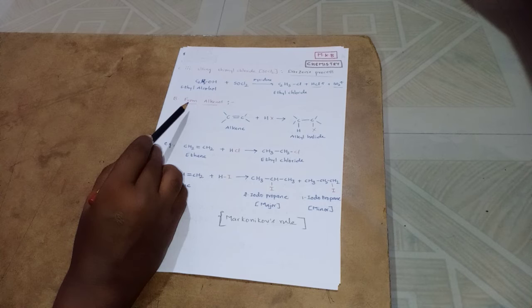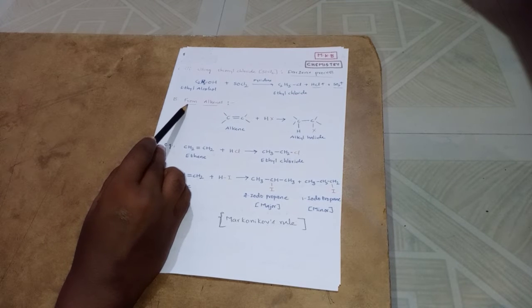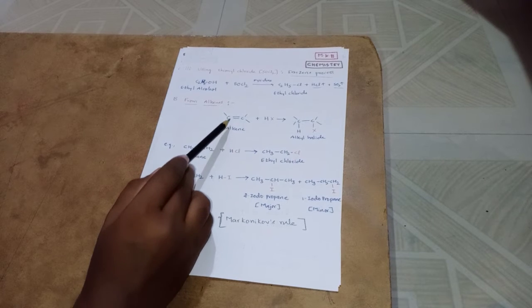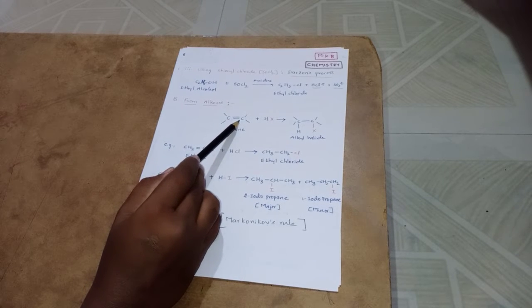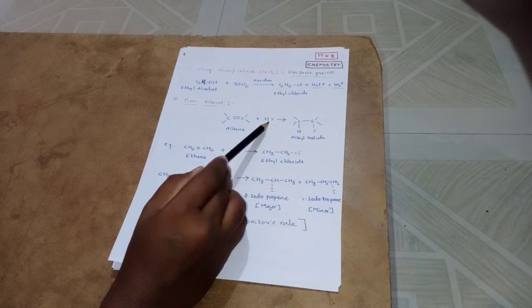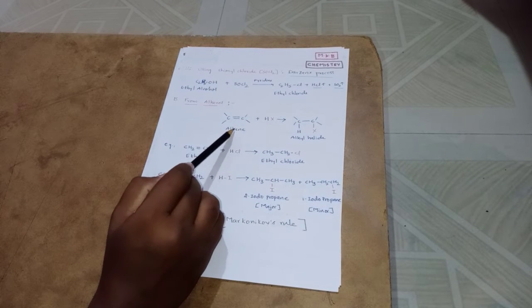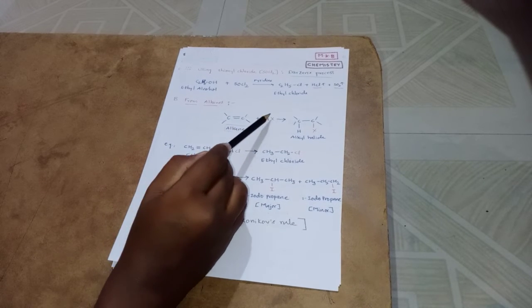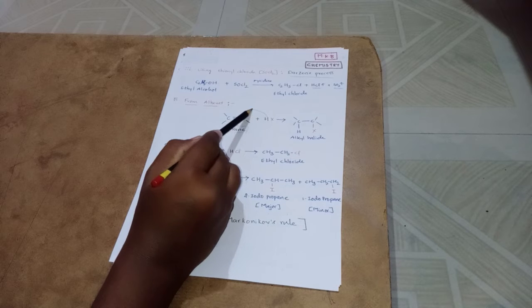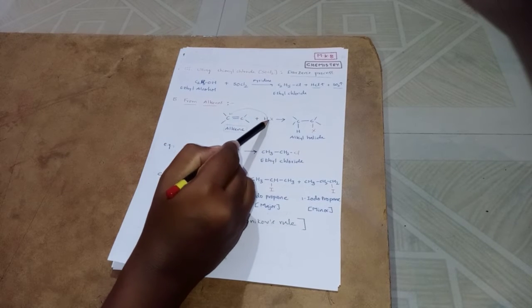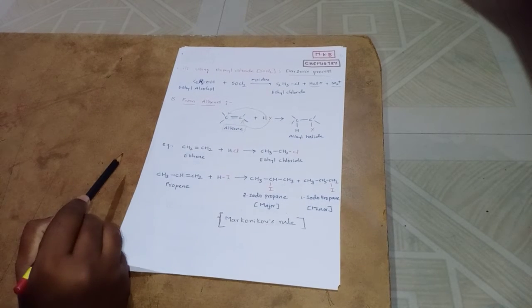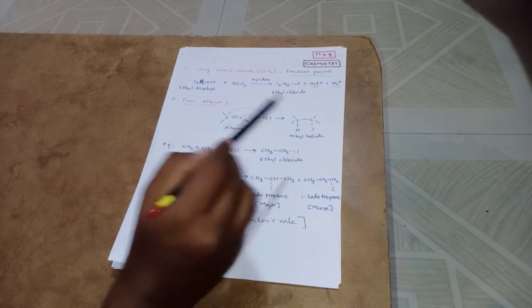Then alkyl halide preparation from alkenes. This is a general alkene, a double bonded compound, when it is treated with hydrogen halide, HX. We know that unsaturated compounds undergo addition reactions. You add hydrogen to one double bonded carbon and halogen to the other double bonded carbon, so that it becomes alkyl halide.